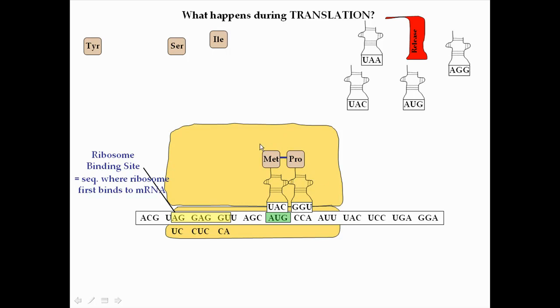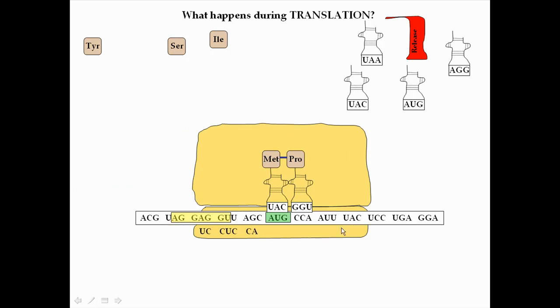Right, so again, now we have the beginnings of whatever protein is going to be made. We have our first two in place. And so again, the same thing just happens over and over again. So whatever this AUU encodes for, there's a transfer RNA that's going to bring the amino acid there. But in order for that to happen, the ribosome has to kind of ratchet over, has to move over in order to accommodate the incoming transfer RNA.